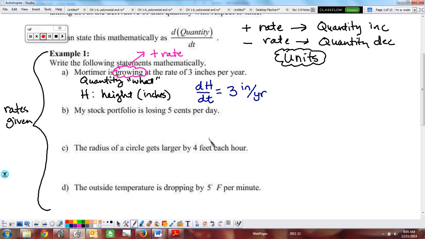And so essentially what we're doing in this problem is just translating a sentence that you're given in a word problem by identifying the quantity, whether it's growing or decreasing, so make sure you know whether the rate is positive or negative, and then identifying it using derivative notation that the rate of change in height with respect to time is dh dt, because this is going to be information we're going to use to actually solve the problems that we have.